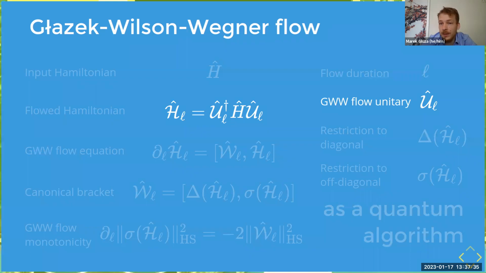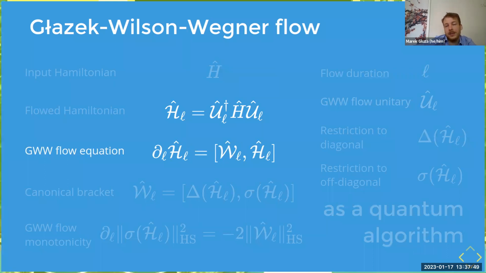So what is this GWW flow unitary? Well, it's of a special form such that the flowed Hamiltonian satisfies the GWW flow equation. What we have here is a generalization of the Heisenberg equation. In this form, it looks like the Heisenberg equation, because I have the change with flow duration, maybe evolution duration, and that duration is related to the Hamiltonian, and you take a commutator with some operator.